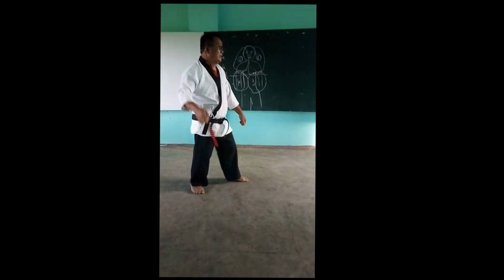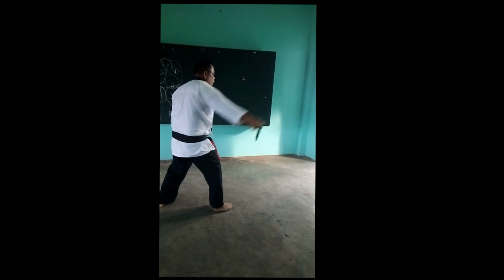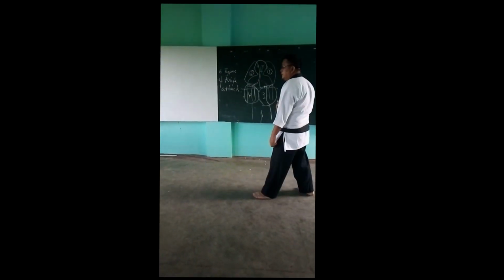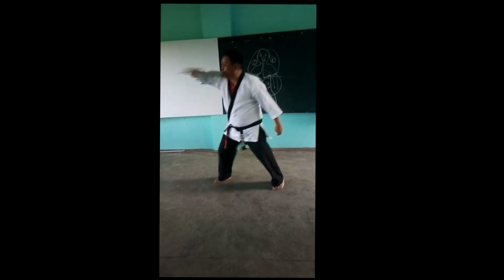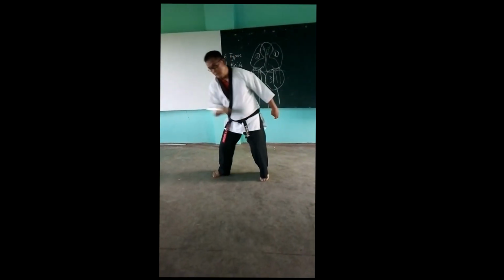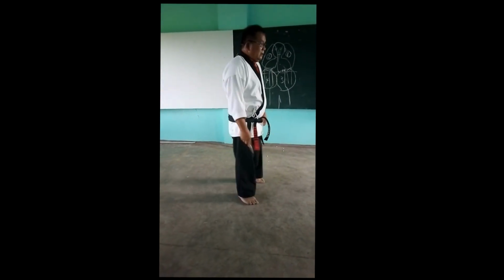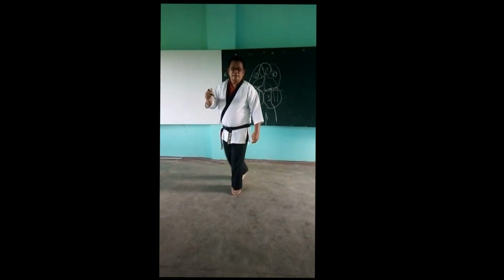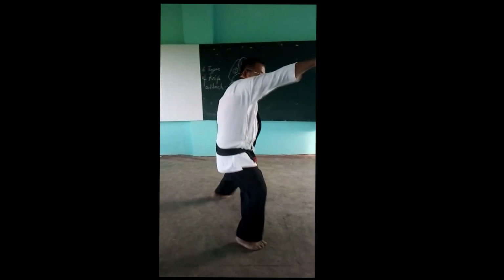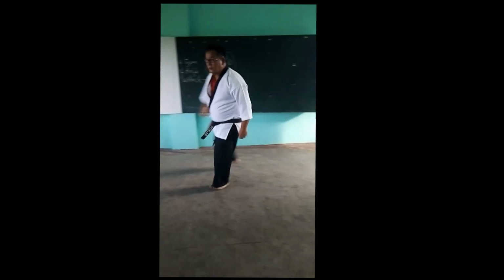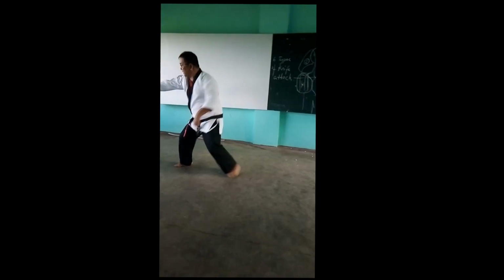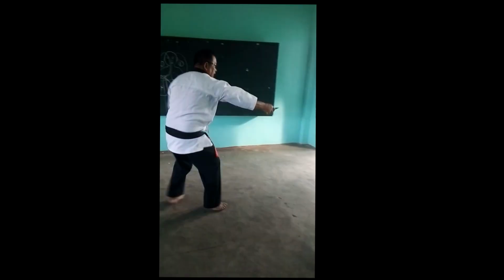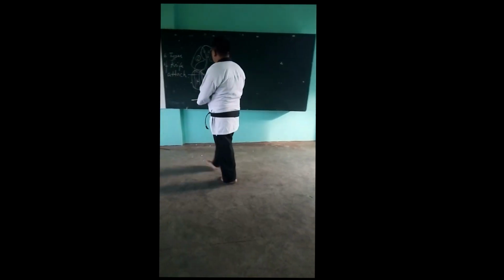Side view. 1, 2, 3, 4. The other side, 1, 2, 3, 4. So we have already four knife attacks. 1, 2, 3, 4. So this is the pattern.